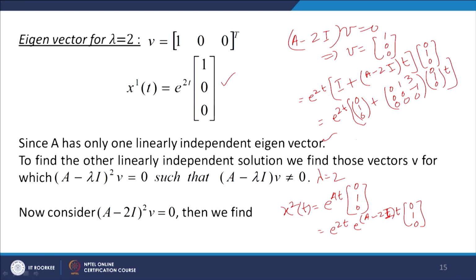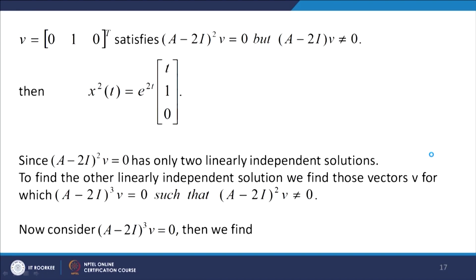Multiplying 0 1 0 here, we get 0 1 in the first rows, and in the last we get 0, and we get t here. So, what you get is e to the power 2t times (t, 1, 0). So, one solution is this that we have got: x2(t) equal to e to the power 2t times (t, 1, 0). This is another solution.